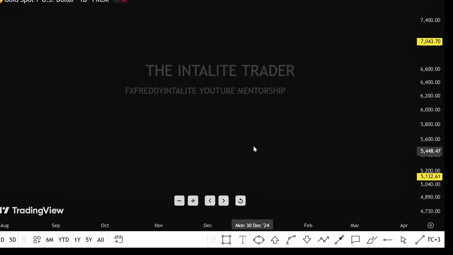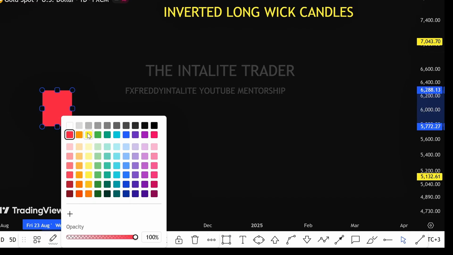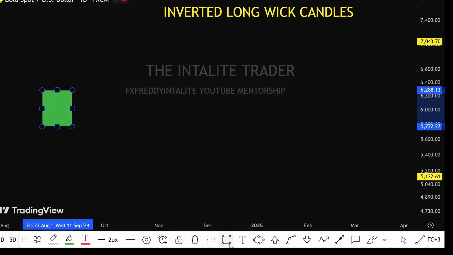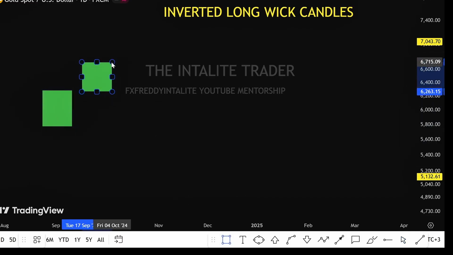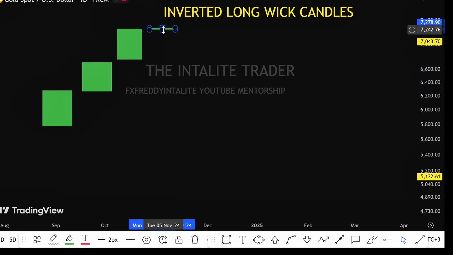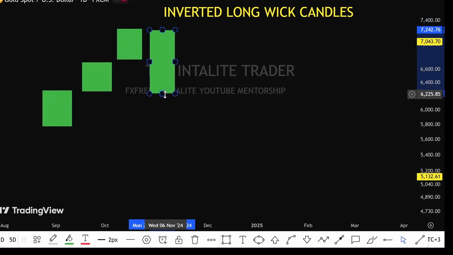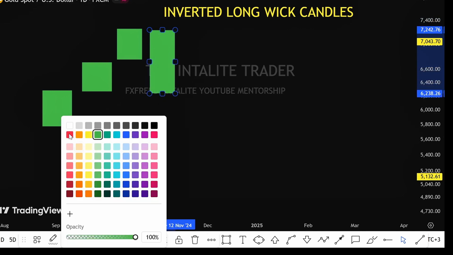We also have the inverted long wick candle. Let's say price is in an uptrend. You see price is back, and then suddenly this candle opens. Instead of pushing higher to make a higher high, we get a sudden selling presence that gets into the market.